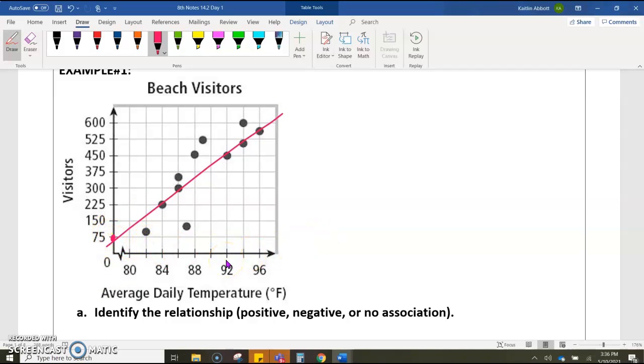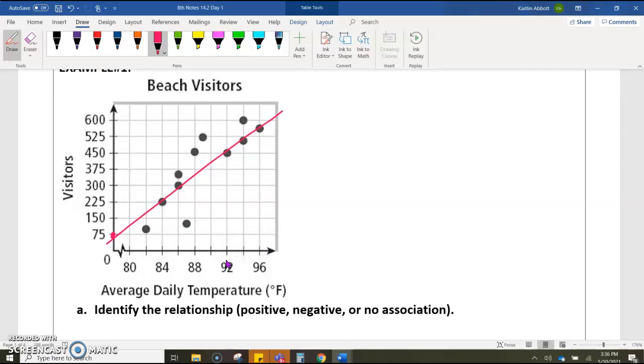Here's where I'm going to remind you about writing equations on a graph. Remember, our equations look like y equals mx plus b. You're not doing this today. This is a reminder, prepping you for tomorrow. b is the y-intercept, where the line goes through the y-axis.